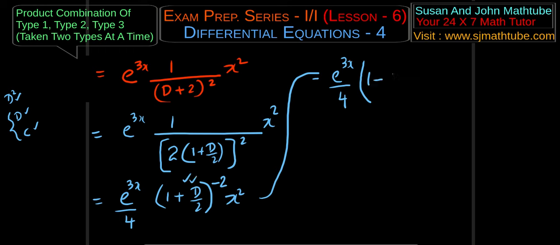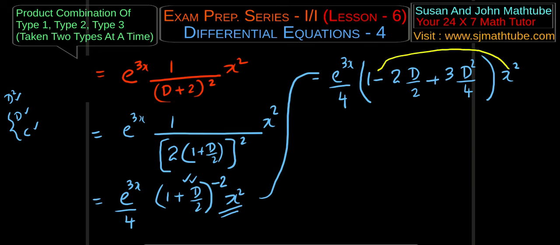1 minus 2 into x, but x is d by 2, plus 3 into x square, and x square is d square by 4. And I am going to stop with this. What is the reason? This is a polynomial of degree 2. And that means the third derivative onwards, the answer will be equal to 0.